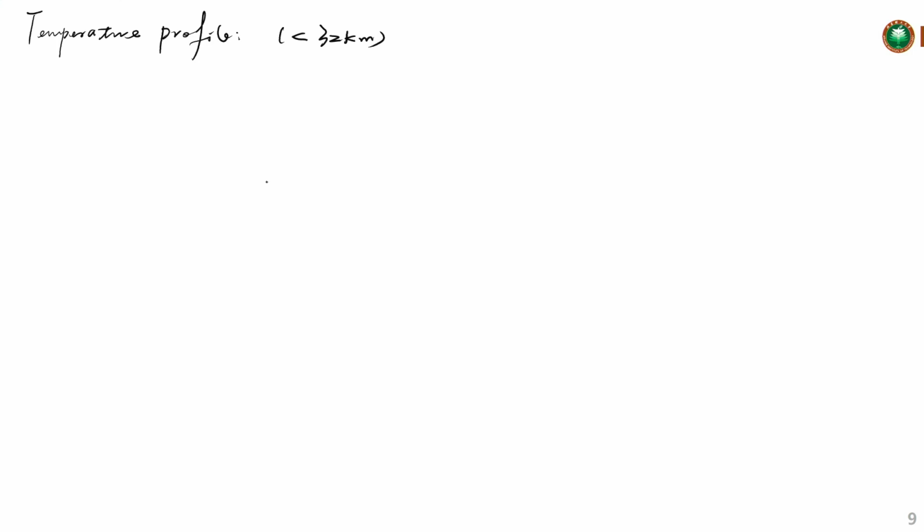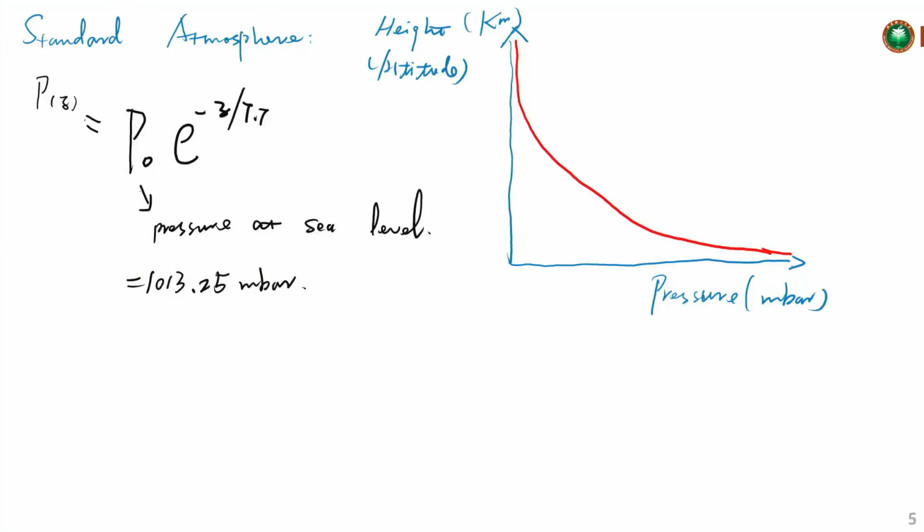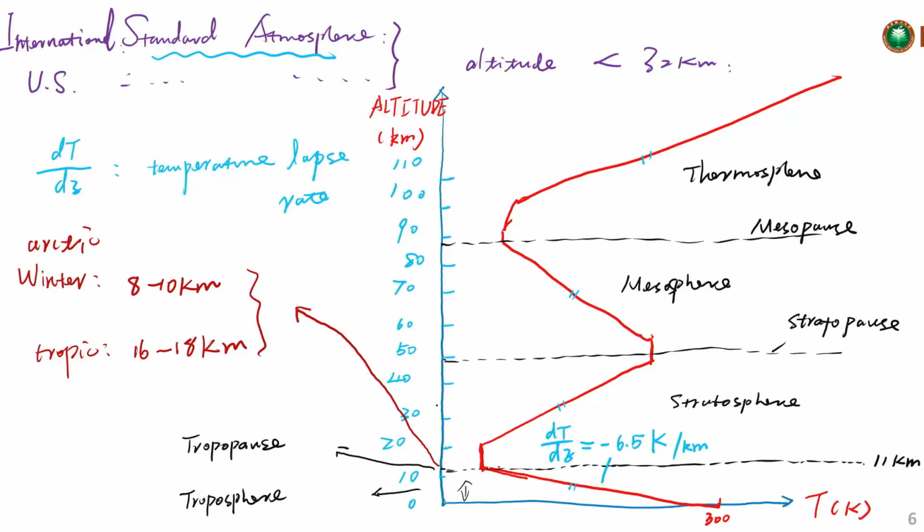So below 32 it has 3 parts. The first part is it decreases as the height increases. The second is it keeps constant. The third one is it increases with the increasing of the height.